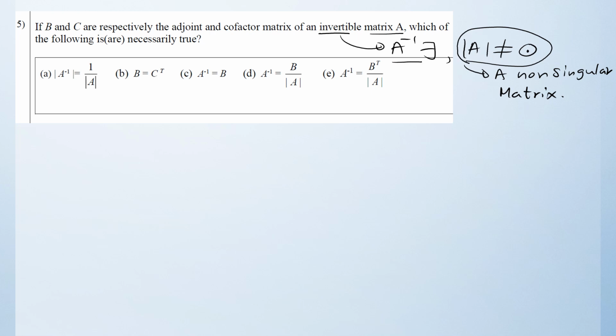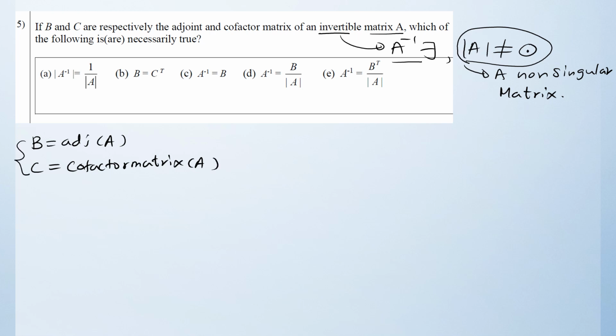We have a relationship between B, C and A. B is the adjoint of the matrix capital A. C is the cofactor matrix of capital A. So we have a relationship between these two.